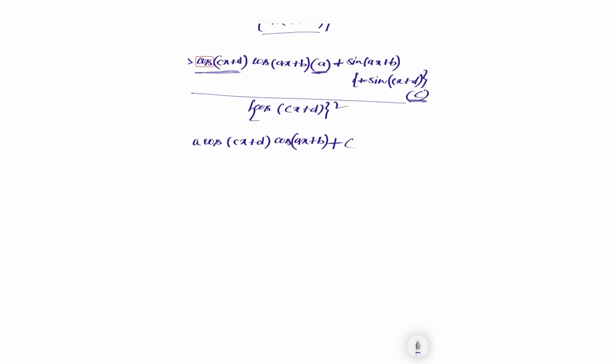Now c will come out, c sine ax plus b sine cx plus d, divide by cos cx plus d whole square. Look at this. Any doubt? Any doubt there?